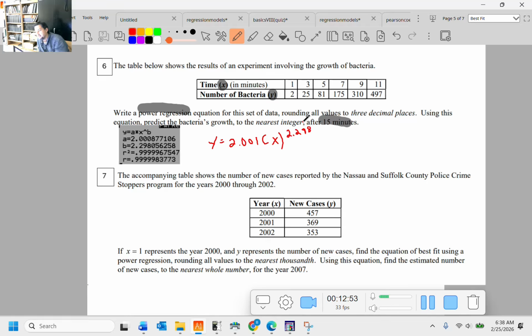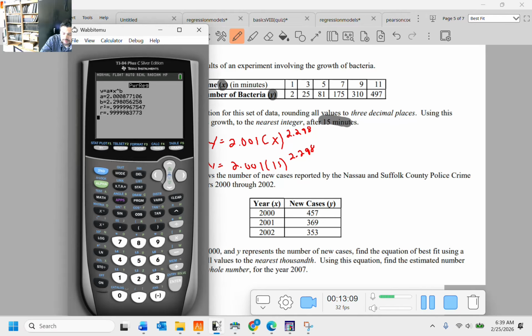I'm thinking exponential. Now, I want to know what happens in 15 minutes, so I'm just going to feed this thing a 15. Go over to my trusty TI-84, push some buttons, right? That's how it works. 2.001 times 15 raised to the 2.298.